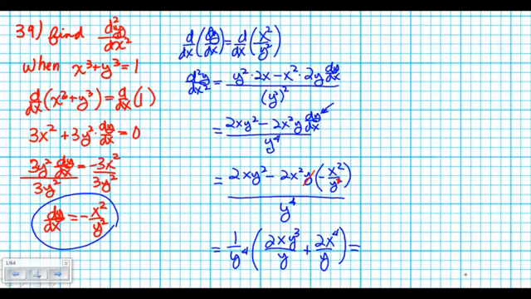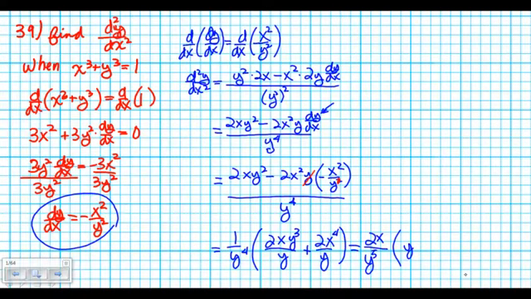Pulling out the common ideas here, we've got a 2 and a 2, pull that out. We've got at least one x in both of those terms, and we'll pull that out. I've got a y in the bottom, combine that with the y to the 4th to get a y to the 5th. And then inside here, what's left over?